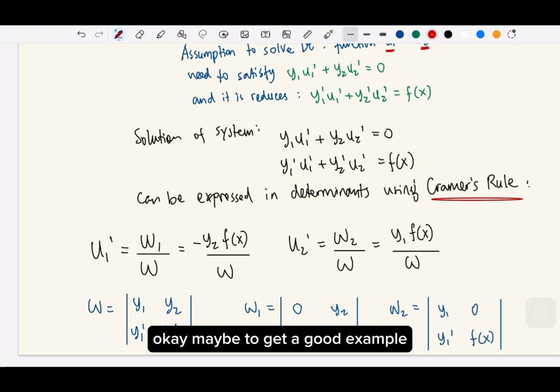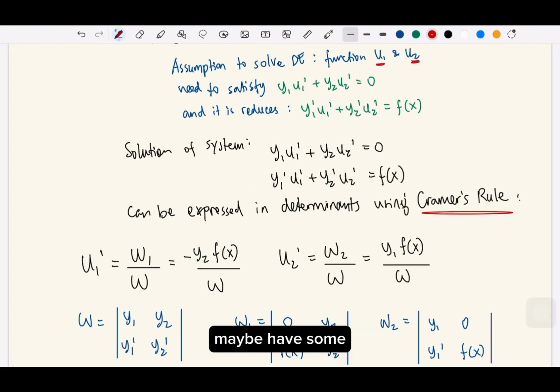Maybe to get a good example, we have to look at how to use these solutions.